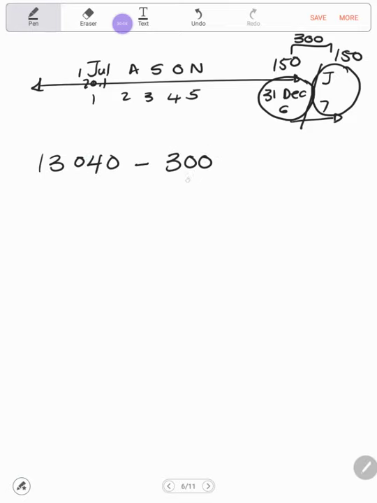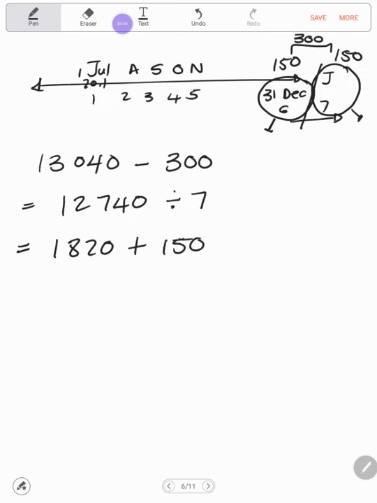Remember, why am I getting the 300? I took it from December and from January. And that will give me 12,740. Now I can divide it by the number of months because the increase has been taken out, and that should give me a value of 1,820. I'm going to add back the increase, which will now give me a total of 1,970.